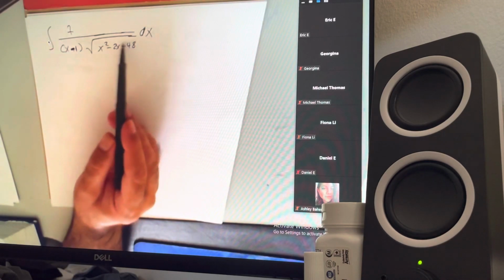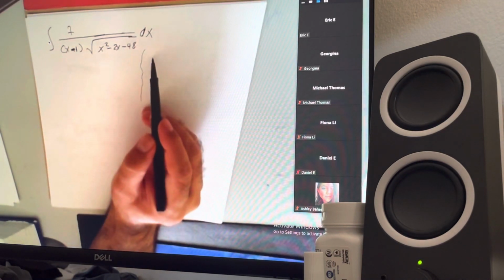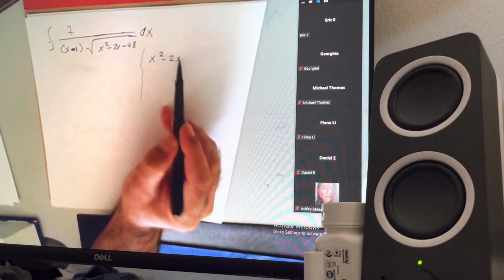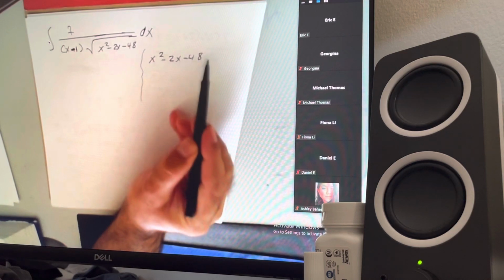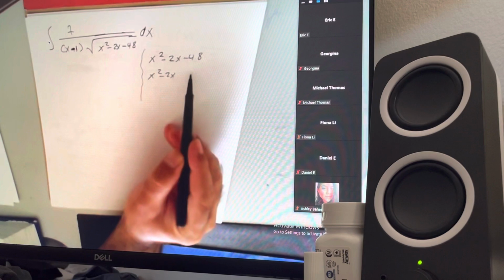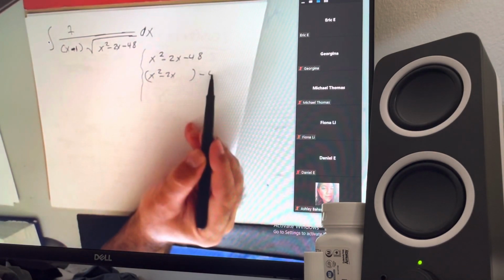I'm going to take the expression inside the square root on the side: x squared minus 2x minus 48. There's no equal sign, so put x squared minus 2x in the parentheses and move the other term away from the parentheses.